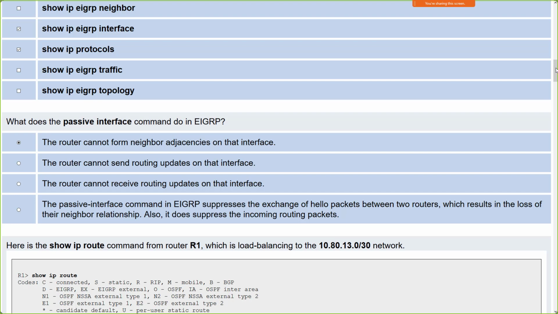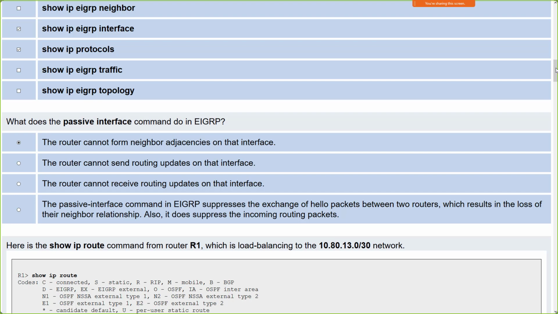All right. Yeah, they like to trick us with those sometimes. Even C is true, right? Actually, they're all true, but they're not complete, I guess. A router cannot send routing updates on the interface is true. Passive interface, I'm not going to send routing updates because I can't form an adjacency.